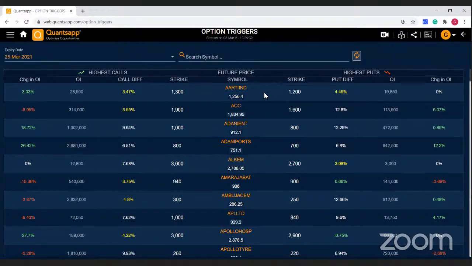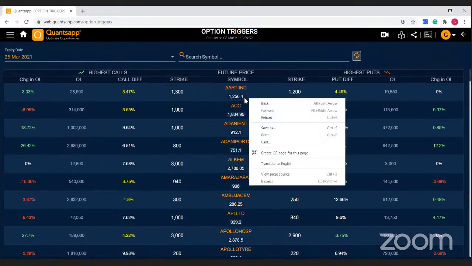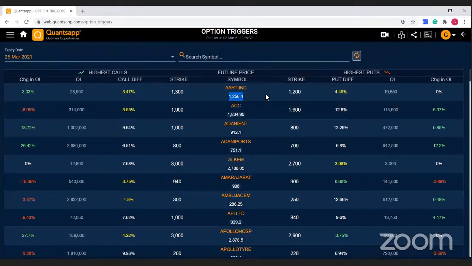There's a reason: we are quoting here the future prices, not the spot prices. First thing, always remember: if you Google the Aarti India price, you might see the spot price, which is definitely going to differ from the future price. So don't get confused ever. These are the future prices of all the F&O stocks.